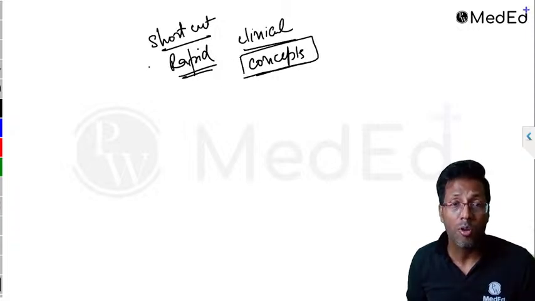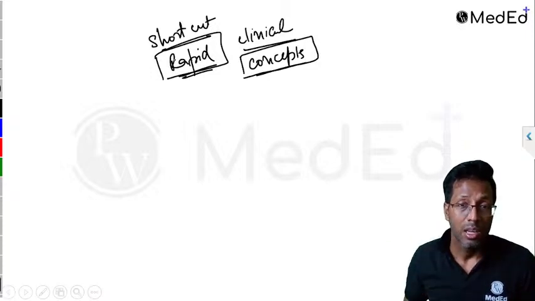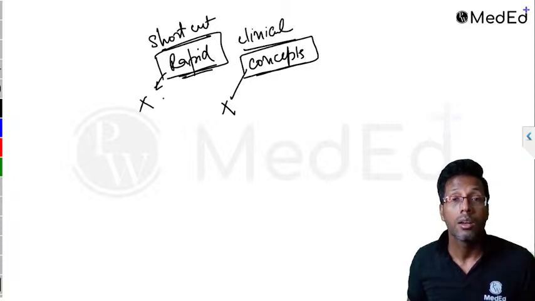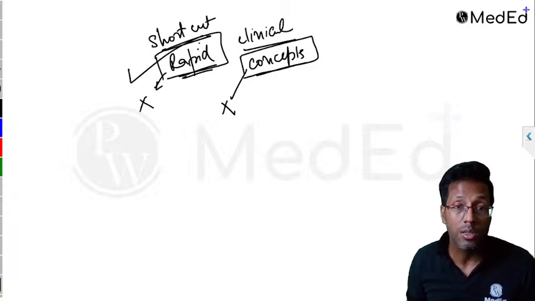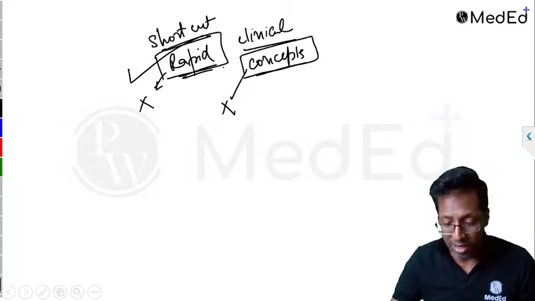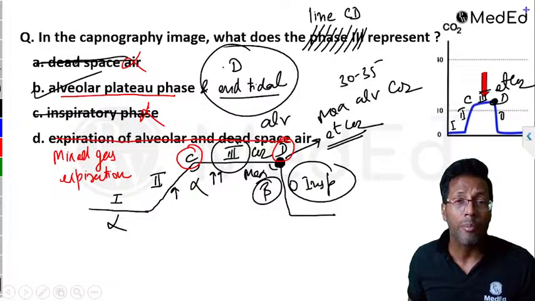A lot of people want to go straight away for rapid revision, then solve. And with a paper like this, if your concepts are not clear, guys, remember, even the rapid revision is not going to help. Trust me for that. Your rapid revision works only if your concepts are clear. For example, let me give you an anesthesia example. Take this example of capnography.